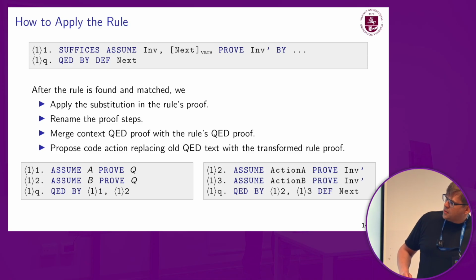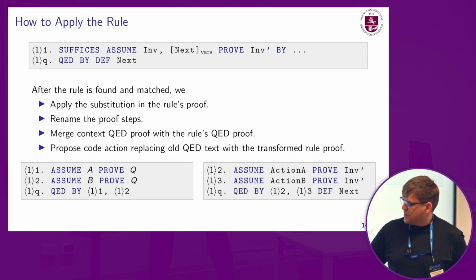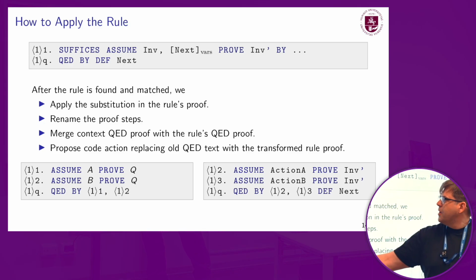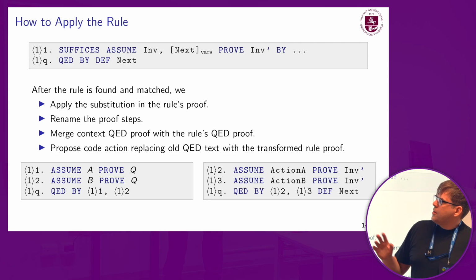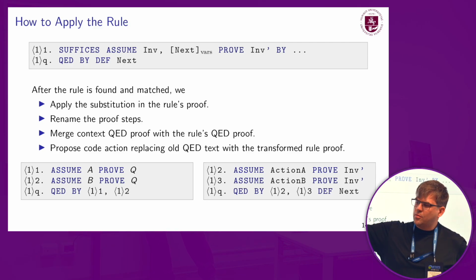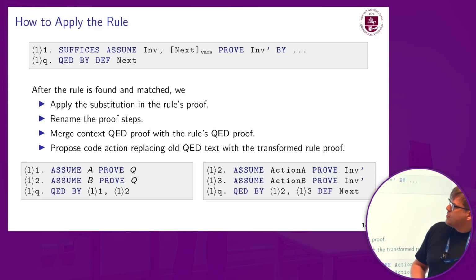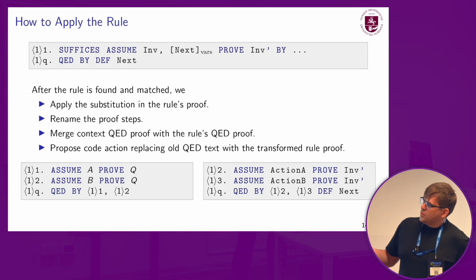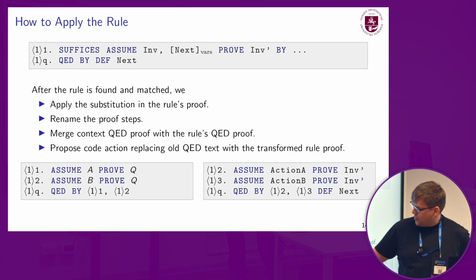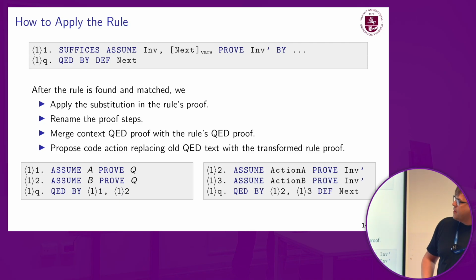Another part is that in the rule, for example, I had step 1.1, and my context also has the step 1.1. And very often, the level will not be 1, it will be some deeper level in most cases. So we have to rename the steps also. So they are also renumbered here.